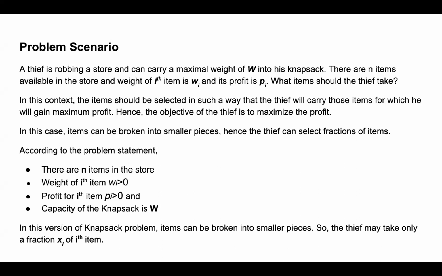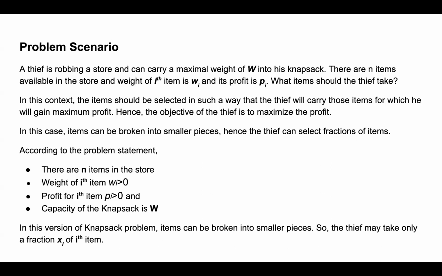Xi will be the fraction of ith item or part of ith item. Getting the denotions? Yes. काय काय कशाने डिनोट केले कळाले? ith आयटमचं जर वेट असेल तर Wi, प्रॉफिट Pi, fraction of that ith item will be shown by xi, and W is the total capacity of that knapsack.